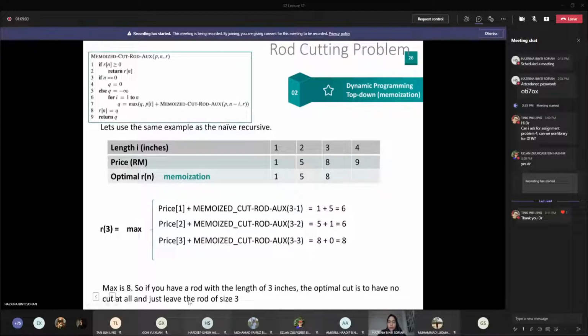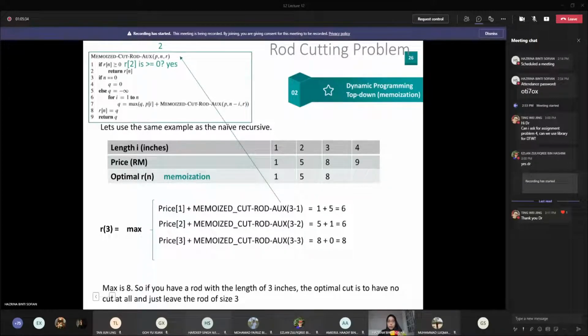So for 3, we can have some scenario, 3 minus 1. The first cut is 1, and then the second cut is 3 minus 1, which is 2.